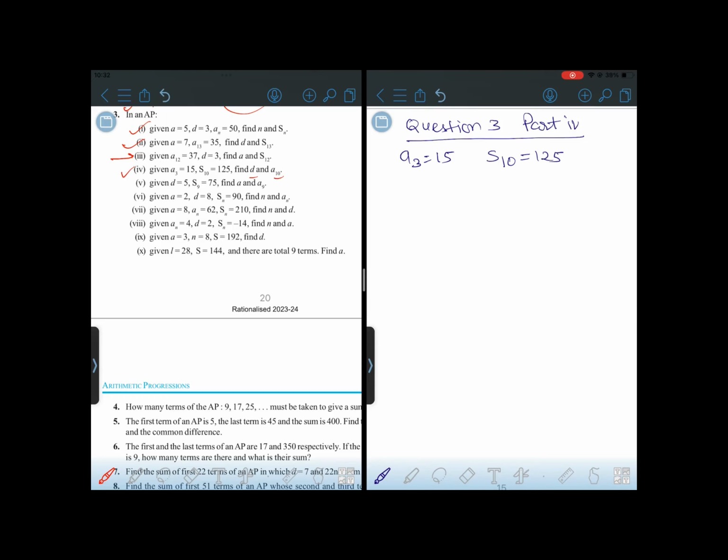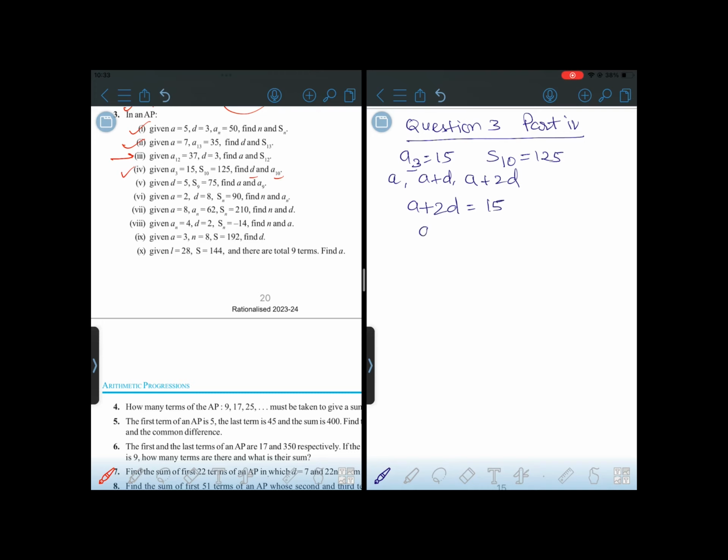So as we know that in any AP which has the first term as A, the second term will be A plus D, and the third term will be A plus 2D, right? So we are given the third term. So what we can conclude from here is that A plus 2D is equal to 15, right?